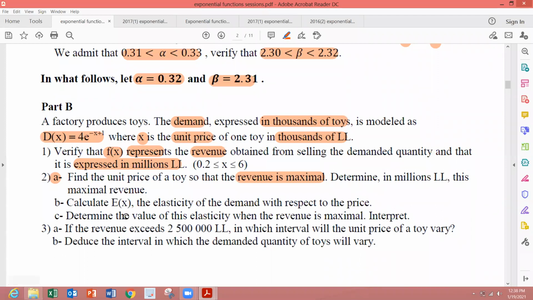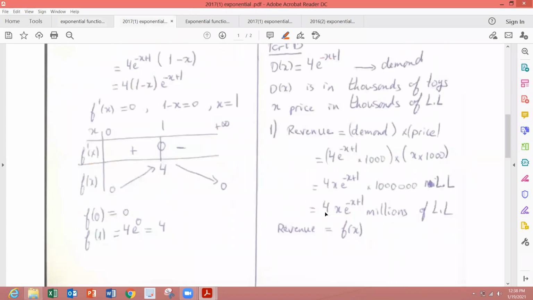Find the unit price so that the revenue is maximal. Revenue is maximal, isn't revenue equal to f(x)?